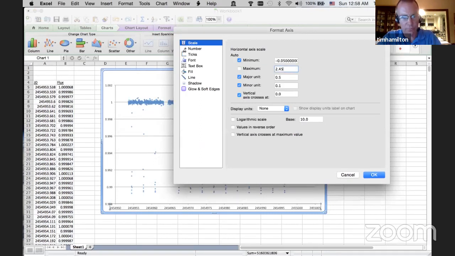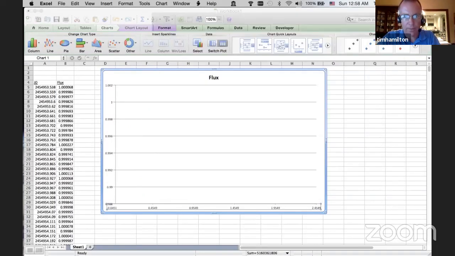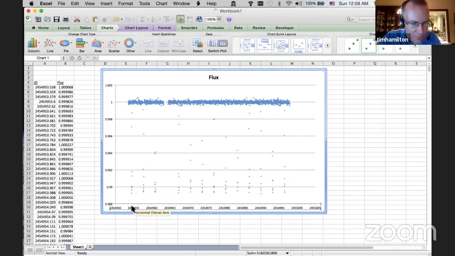Let's see here, 4, 9, oh, boy. I've got to cancel because again, it's not the smartest program for scientific plotting. So 4950 to 4960. Let's try that.